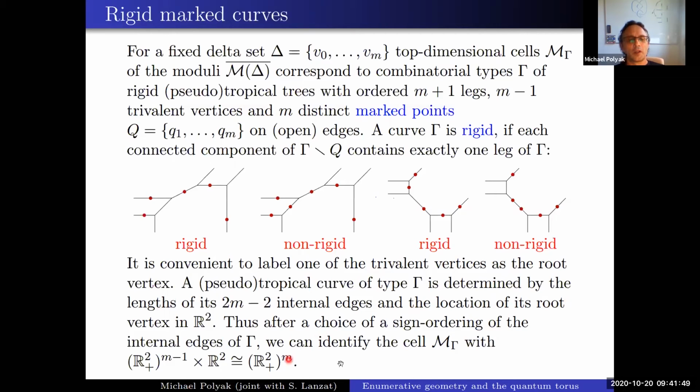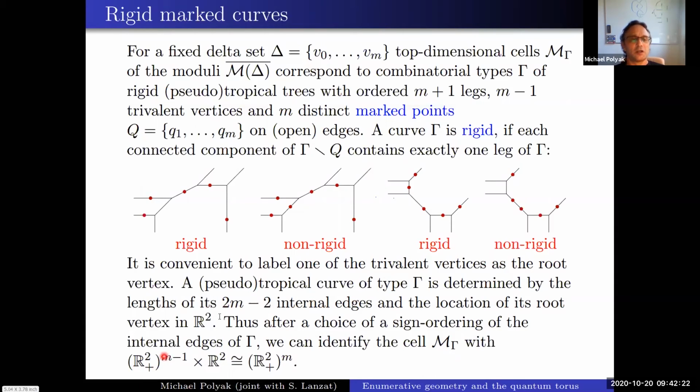Therefore, you can more or less identify such a cell with the following space. So R^2 here corresponds to the location of the root vertex, and each one of the lengths gives you R_+, and there are 2m minus 2 of these edges.